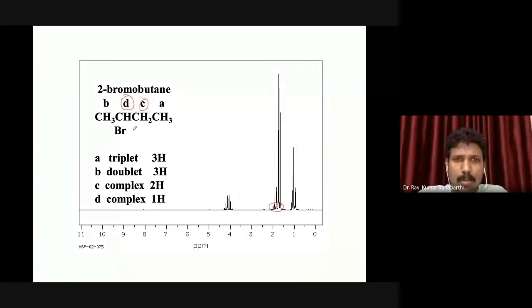But whereas this one, sorry, I think I'm wrong. Not C and D, B and C. B and C will be seen here, and then this one is seen here, and this one is this. Okay, please correct that. So this is here, and then C and B will be seen here. Why? Because that C is connected to a methine proton, which is connected to a bromide.